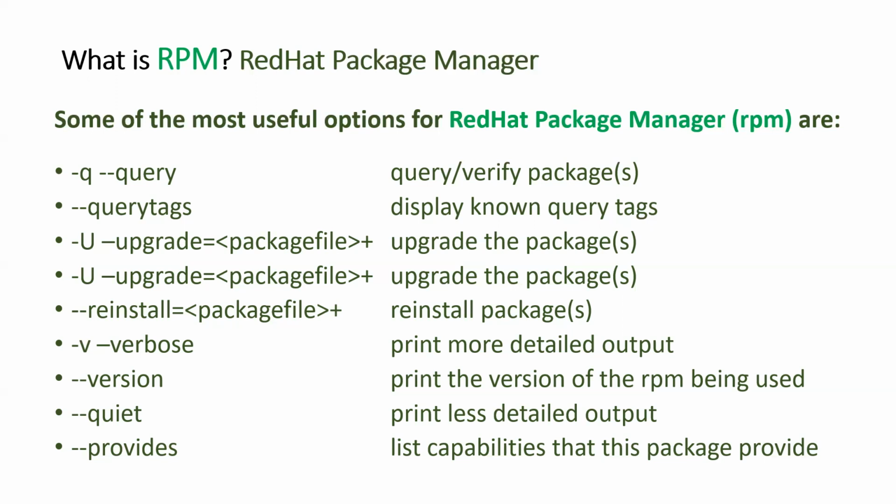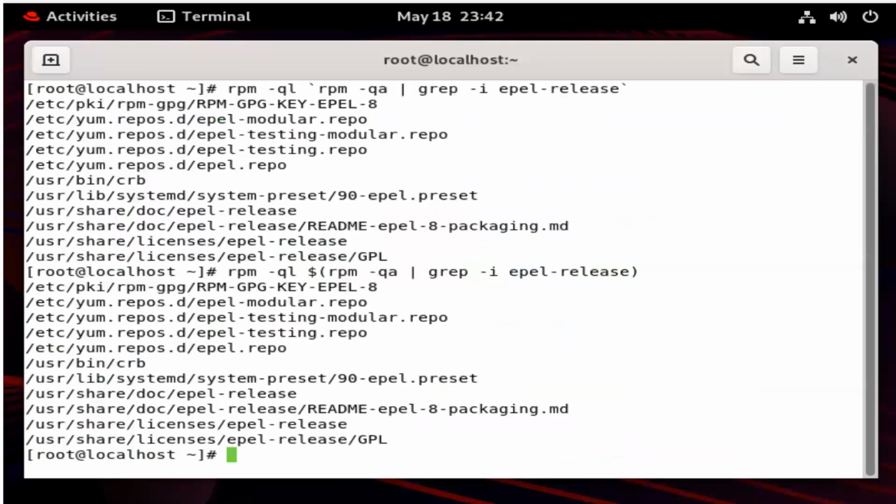For example, if there's a command called make, or nginx, and I don't know what package I have to enable, then you could just say rpm --provides and the name of the binary, and it will tell you.